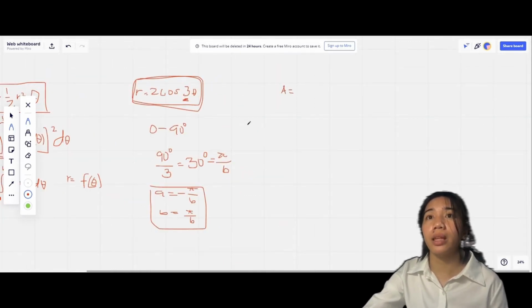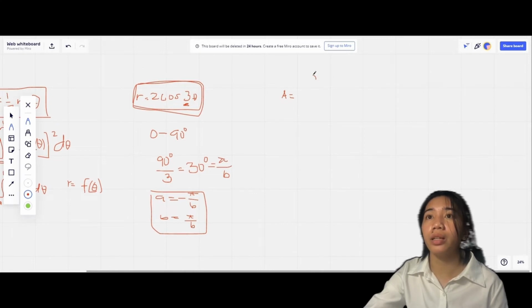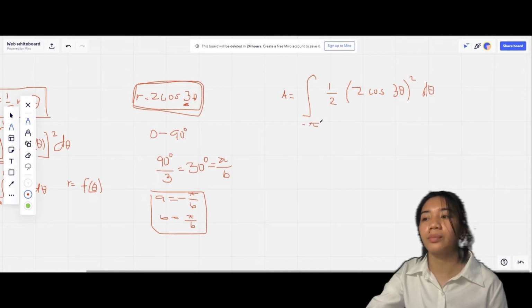A equals the integral of 1/2 (2 cosine 3 theta) quantity squared d theta from negative pi over 6 to pi over 6. Now we will just put the constant 1/2 on the outside of the integral.